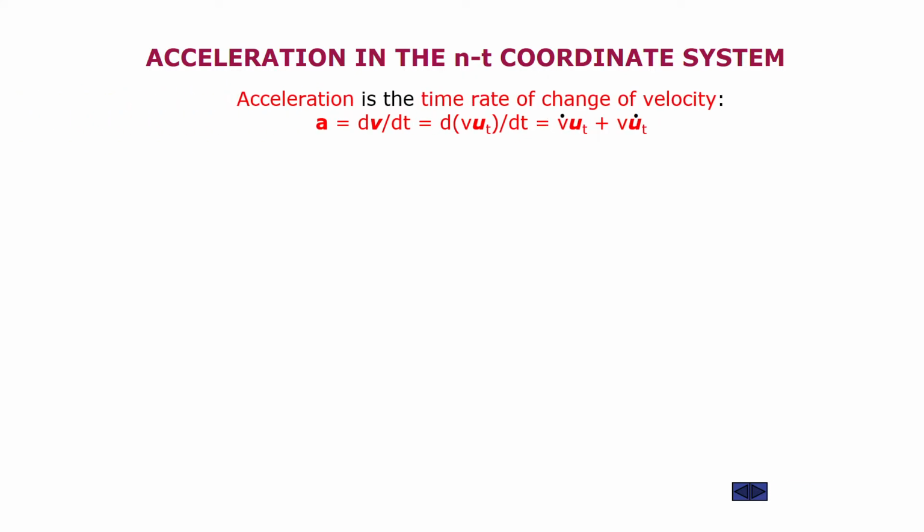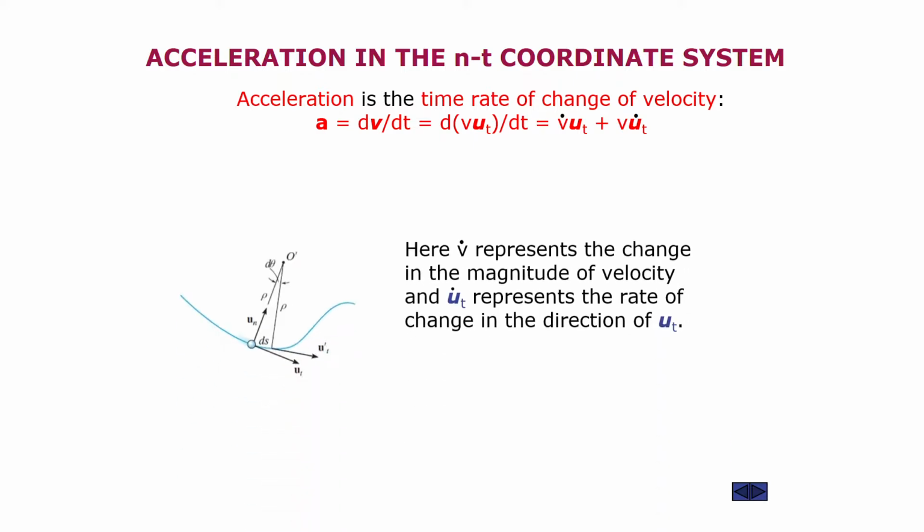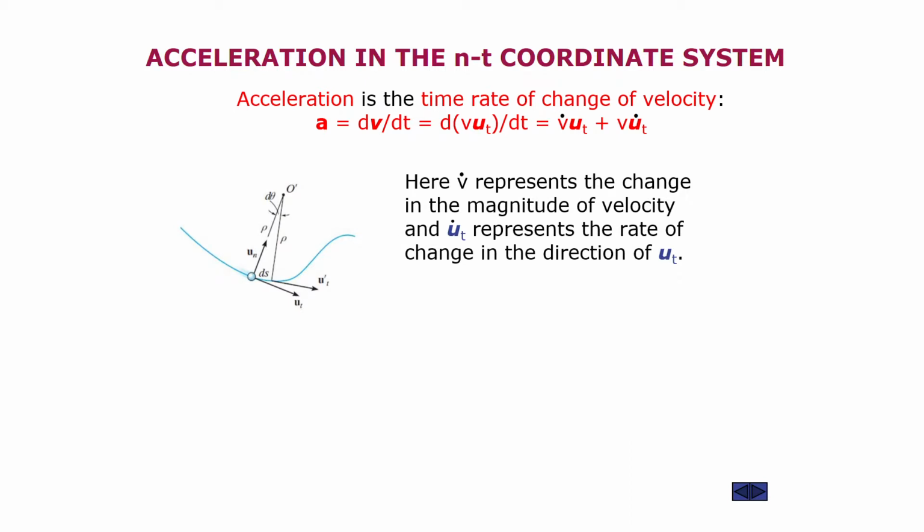The acceleration component is the time rate of change of velocity. So you can take acceleration as dv over dt. When you differentiate that, you will have v dot times the unit vector in the tangential direction u_t, plus v times the derivative of the unit vector u_t. Here v dot represents the change in magnitude.